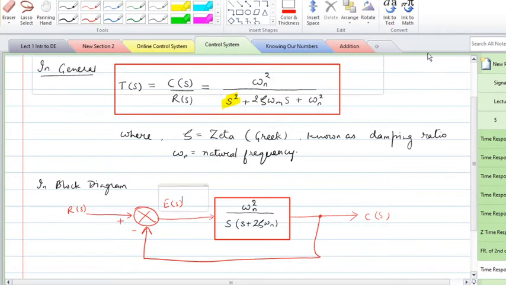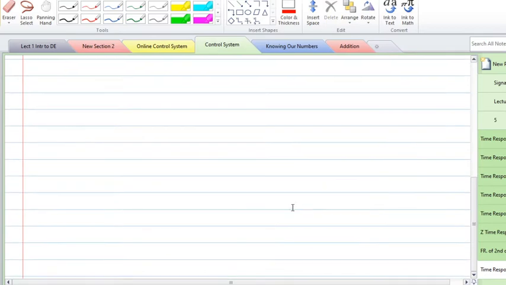Now let's see the time response of a second order control system subjected to unit step input.